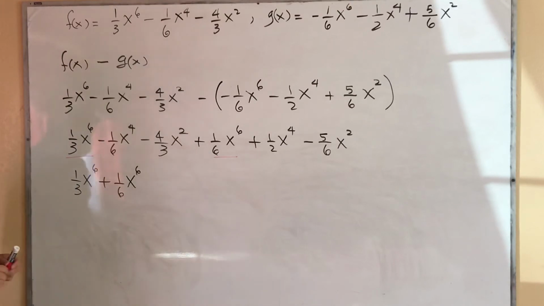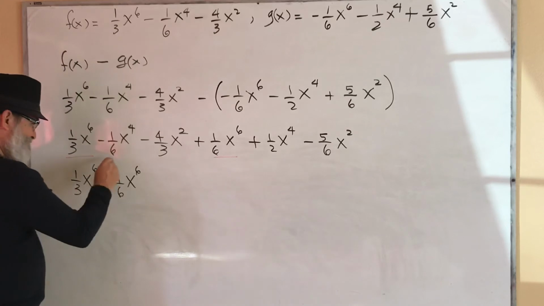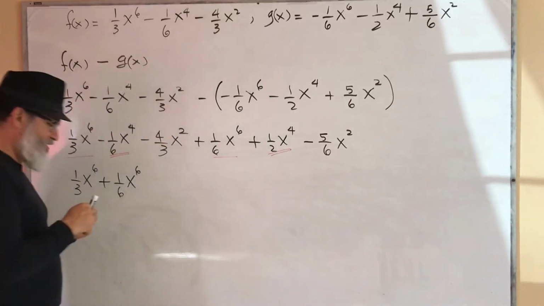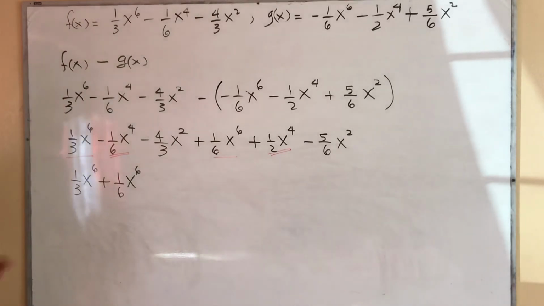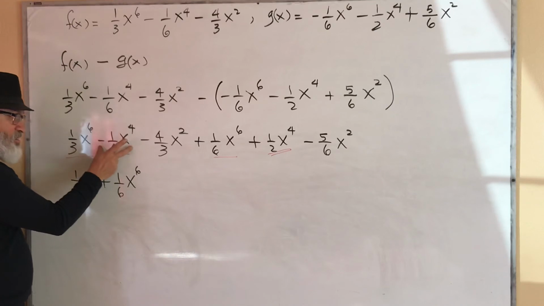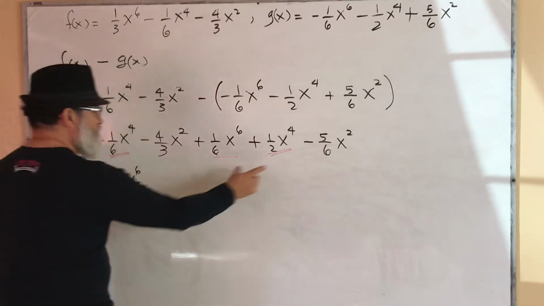All right. This one and that one. Put them together. This negative goes with this term. So let me write this one first, and this one is positive.